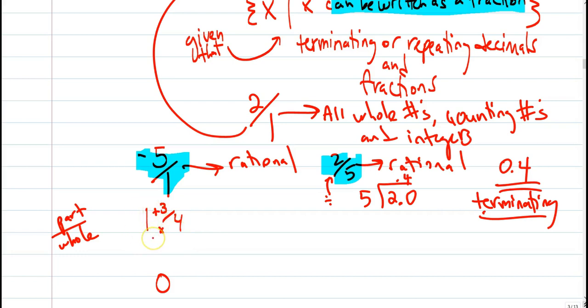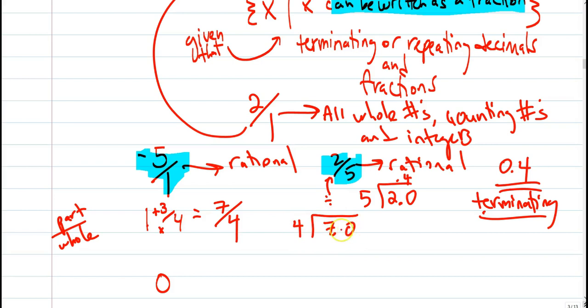I have a whole of something. I have 1. That is one whole number. If I want to turn that into a fraction, I take that 1 times 4 because I have one whole part. I multiply it by 4 and I turn it into 4 parts. Add the 3 more to it and I get 7 parts where 4 make a whole. This is still a fraction. This is still rational.